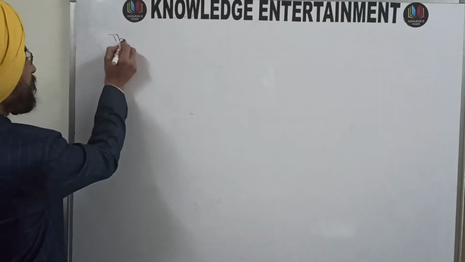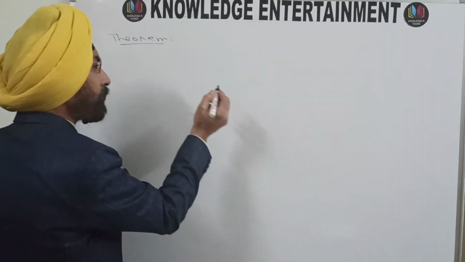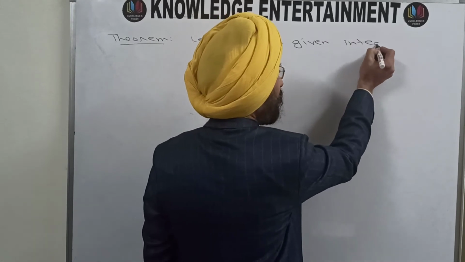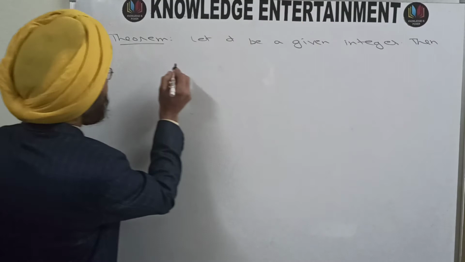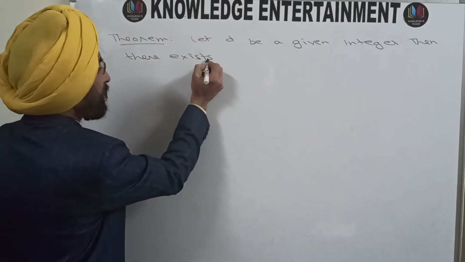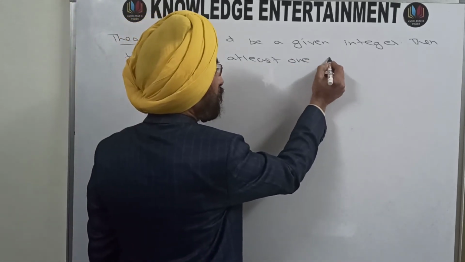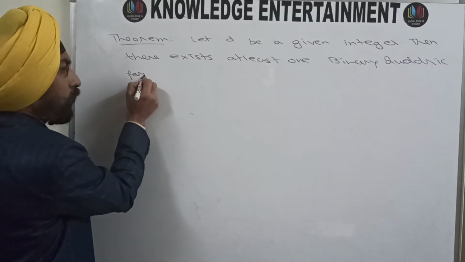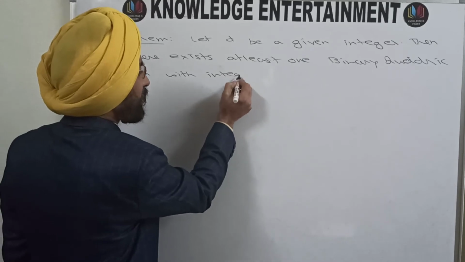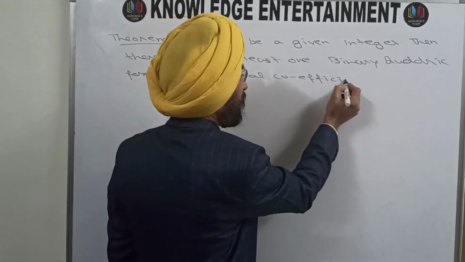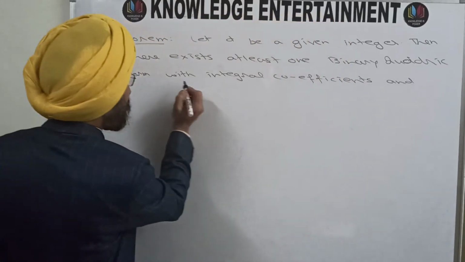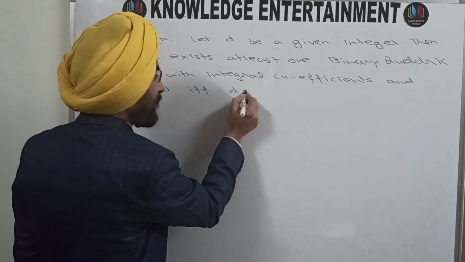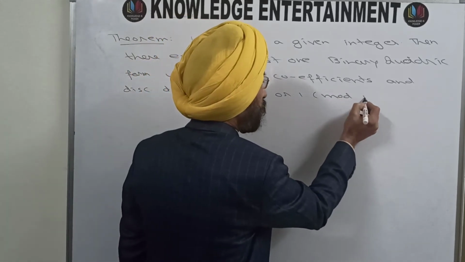The statement of the theorem says that: let D be a given integer, then there exists at least one binary quadratic form with integral coefficients and discriminant D, if and only if D is either congruent to 0 or congruent to 1 modulo 4.